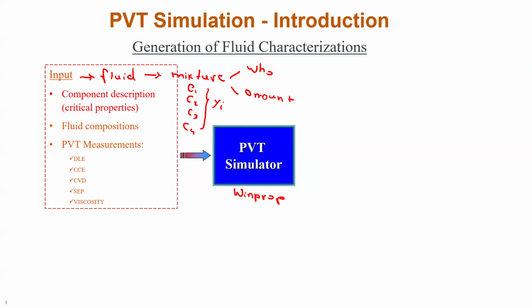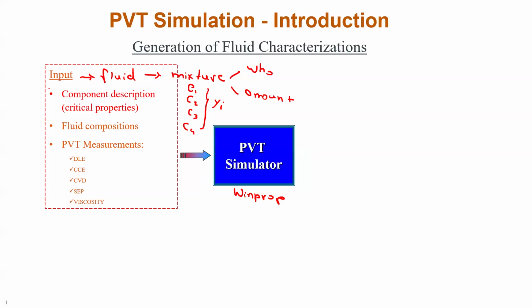After that, you go with the sample to the lab, and the lab will carry out the gas chromatography procedure. As a result of this gas chromatography, you know the amount of each component in this mixture. This is called compositional analysis.